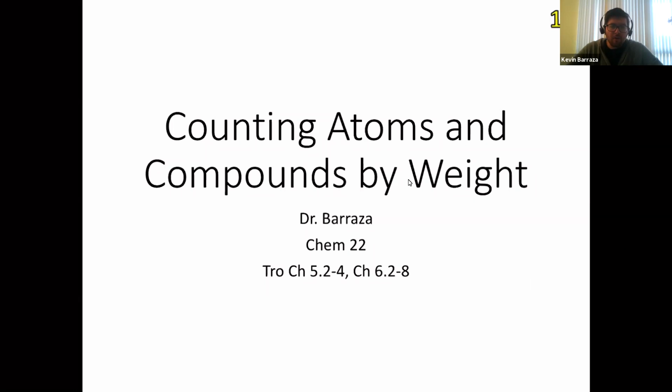So our goal today: we're still looking at matter from both the large perspective and the small perspective. We've talked about the phases, which is the group behavior of what particles do.